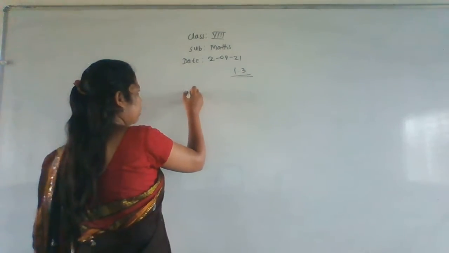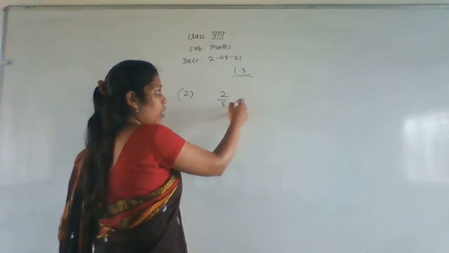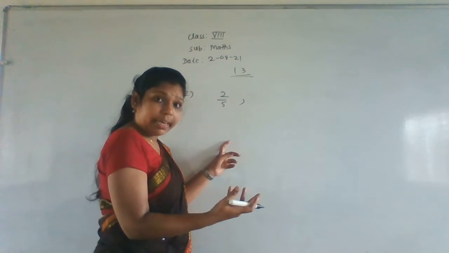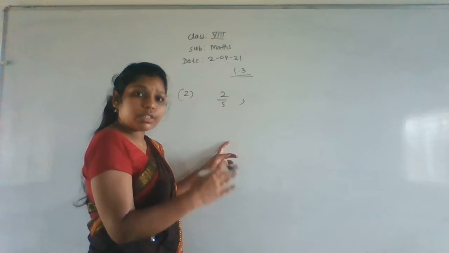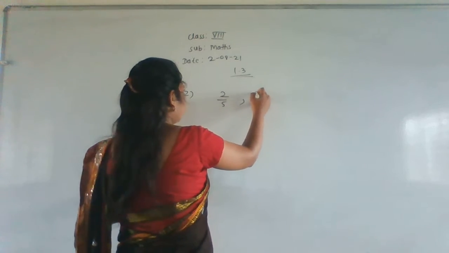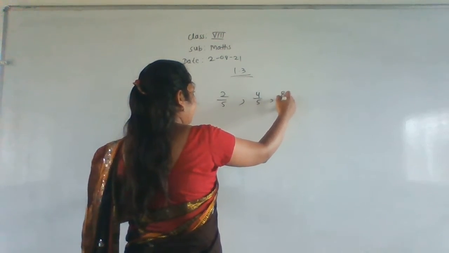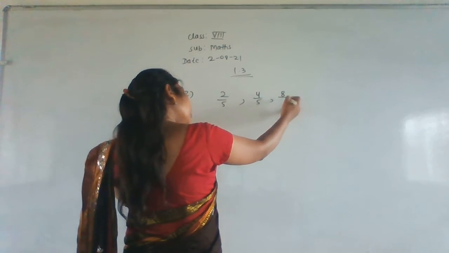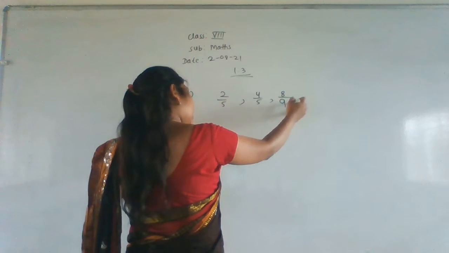Okay, second main, 2 by 5, because it is 0.4. 0.4 is greater than minus 2 because 0.4 is a positive value, right? So obviously a positive value is greater than a negative. So 2 by 5 and next 4 by 5 and 8 by 9 we will take.